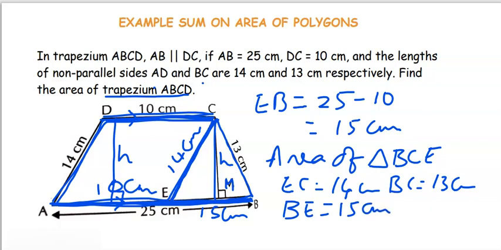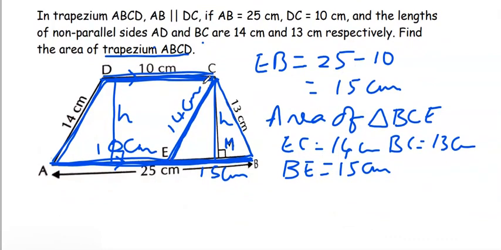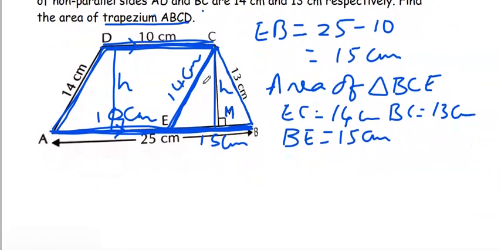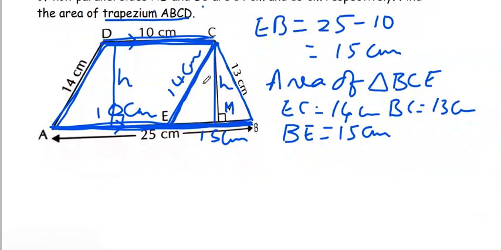Using these three sides, you need to find the area of triangle BCE. Whenever three sides are given, generally to find the area of a triangle, we use Heron's formula.